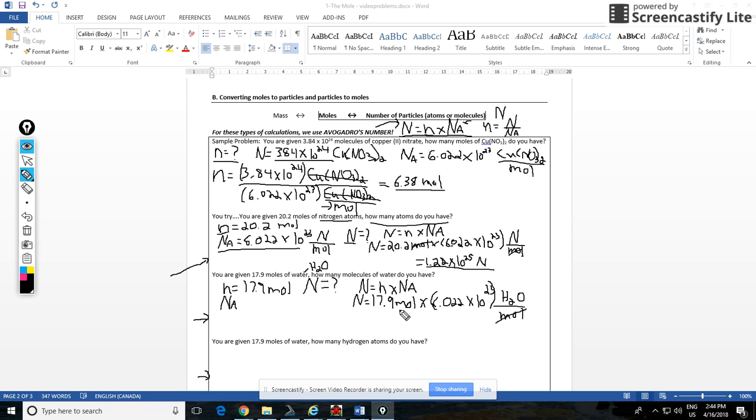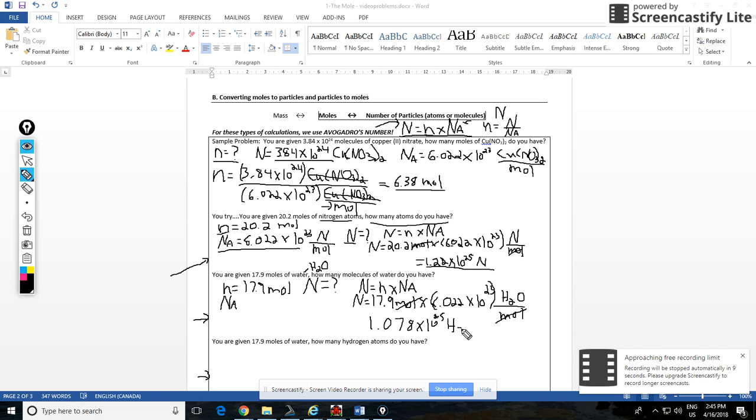Mole over mole cancels out, and your final answer is 17.9 times 6.022 times 10 to the power of 23, 1.078 times 10 to the power of 25 water molecules. So we're going to have to use this answer to help us solve the problems that come next.